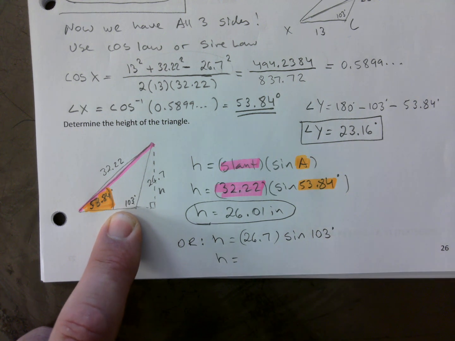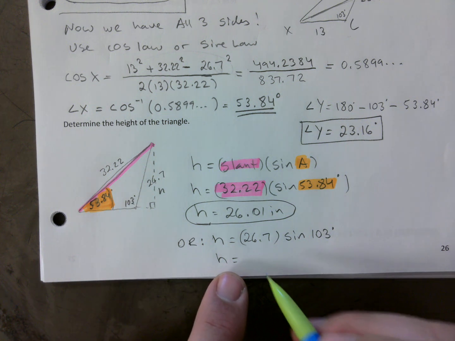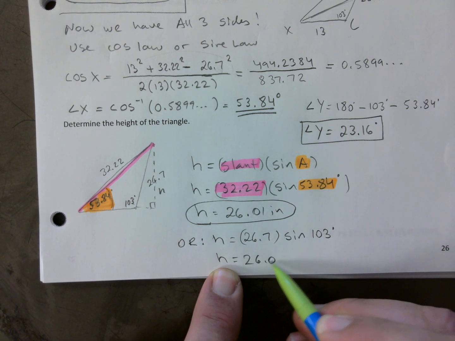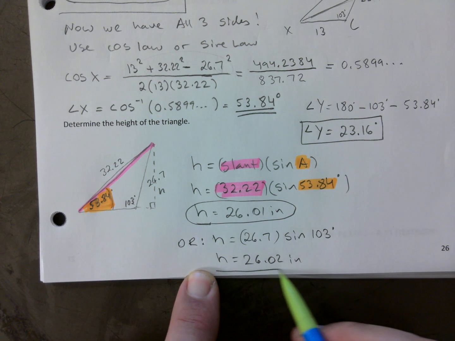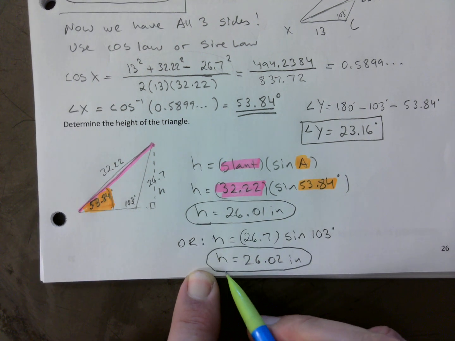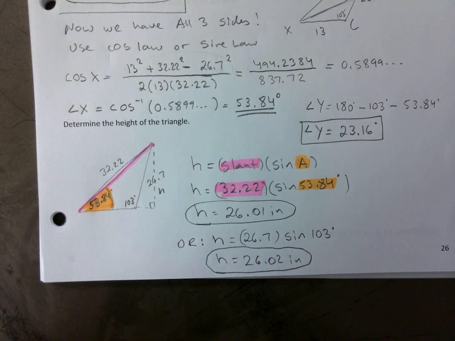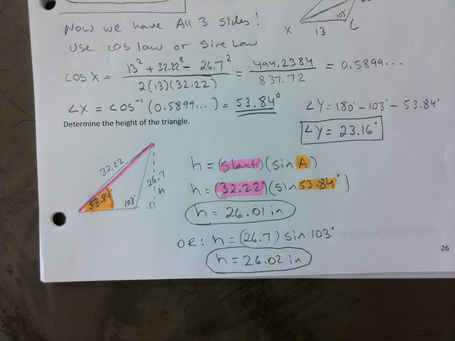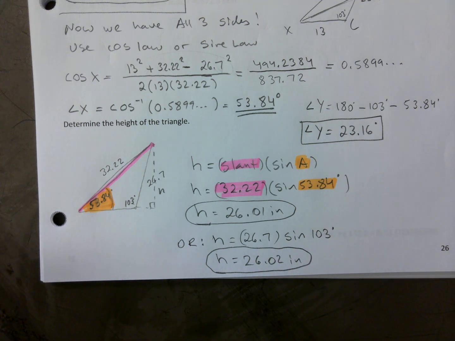If you do that, that's 26.02. Say what? Why is it off? That's okay. We're not going to sweat it. That's just a rounding. If we could have used all decimals for everything, we should have had the same. Just show your work and you'll be fine.